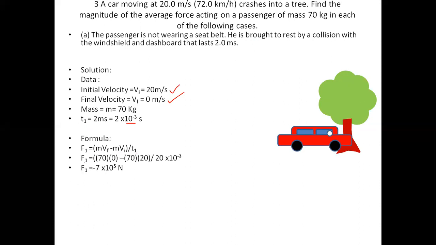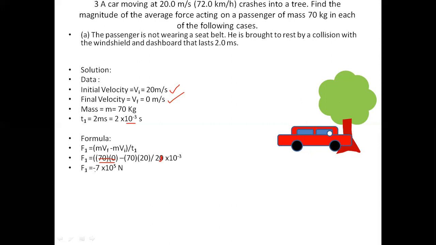So F1 is equal to 70 into 0, because the final velocity is 0 as it came to rest, and the whole thing vanishes because it's multiplied by 0, minus 70 into 20 because it's the initial velocity, divided by 2 into 10 to the power minus 3 seconds.